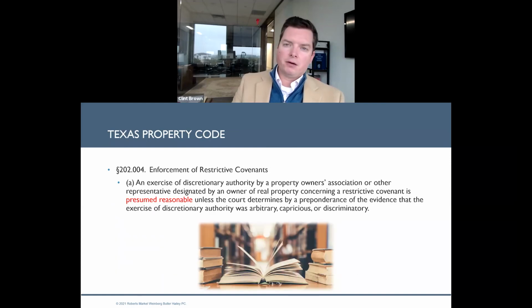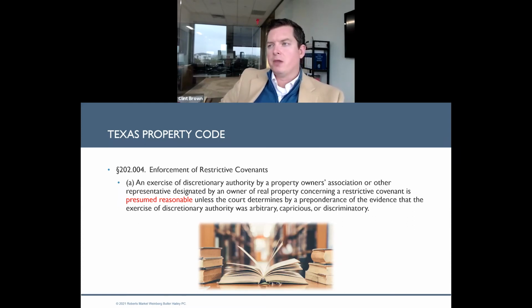Texas Property Code is something else we get to rely on, 202.004. The decision making of the board gets a presumption of reasonableness. So every decision you make as a board member is presumed reasonable unless the court determines by a preponderance of the evidence that your decision or your exercise of that discretionary authority was arbitrary, capricious, or discriminatory.